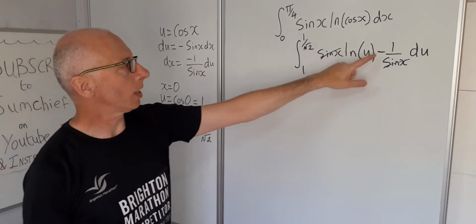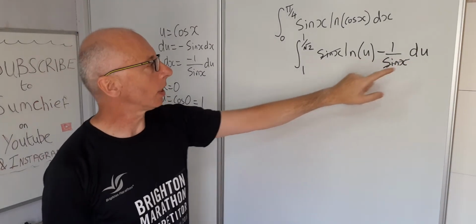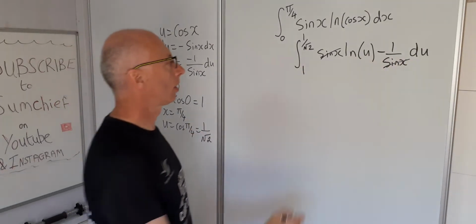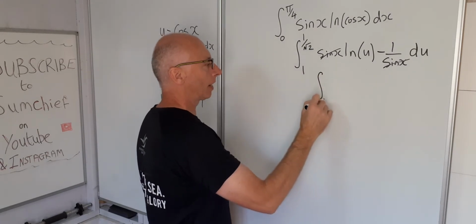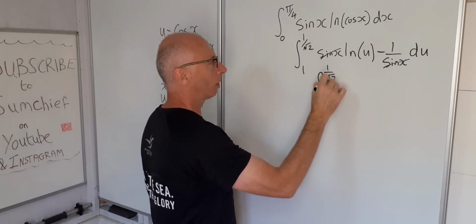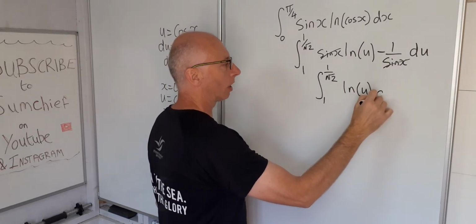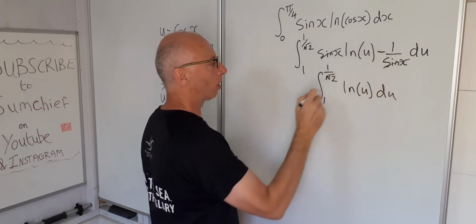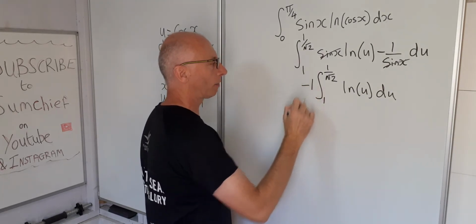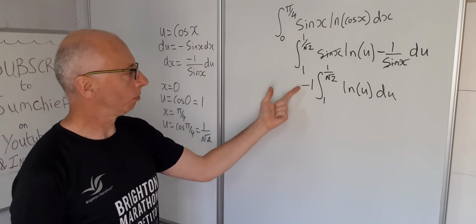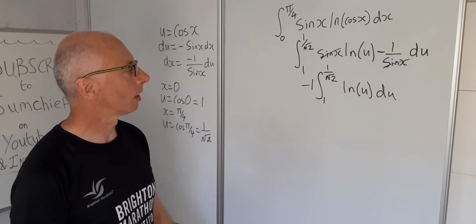So now what we're left with is negative 1 log of u du and our parameters. So let's plug that in: integral from 1 over root 2 to 1 of natural log of u du, and then the minus 1 we just bring out front. We don't need to put the 1, but just put a minus sign is fine.